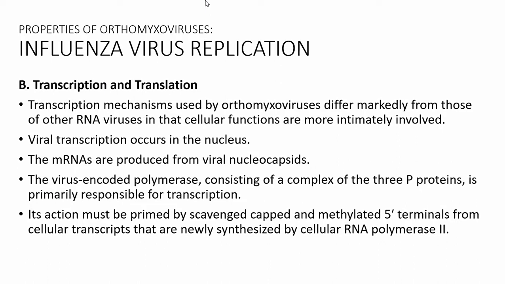The transcription mechanism used by orthomyxoviruses differs markedly from other RNA viruses in that cellular functions are more intimately involved. Viral transcription occurs in the nucleus, and the mRNAs are produced from the viral nucleocapsids. The virus-encoded polymerase, which consists of a complex of 3 P proteins, is primarily responsible for transcription, and its action must be primed by scavenged, capped, and methylated 5' terminals from cellular transcripts that are newly synthesized by cellular RNA polymerase II.